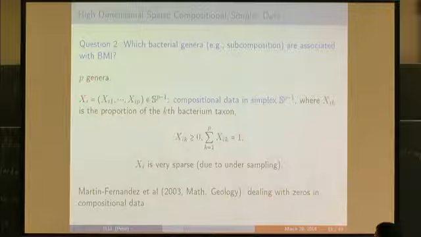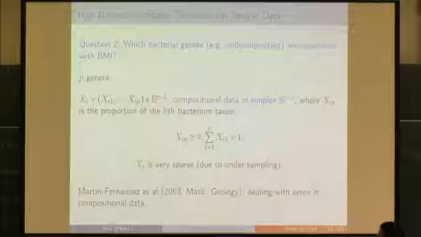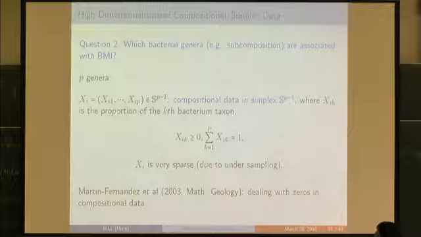For example, if you consider P genera or P species, P OTUs, whatever, usually the numbers you get from running those programs are proportions. For the i-th subject, we have P taxa, and the X are proportions, which means the sum of the X has to be 1 and the X has to be positive.